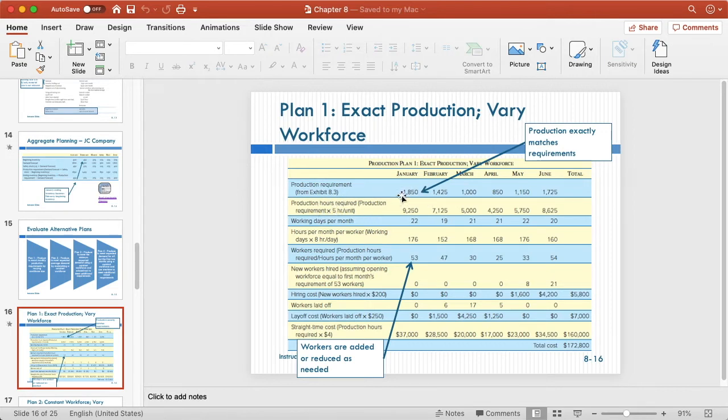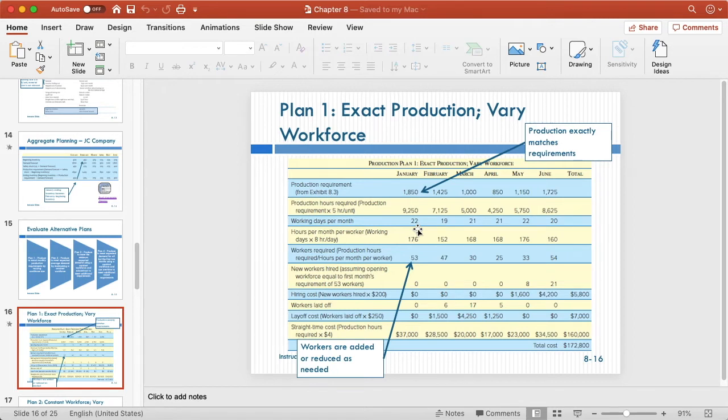Very straightforward: 1,850 times 5 gives the corresponding production hours. So in January, the production hours is 9,250.